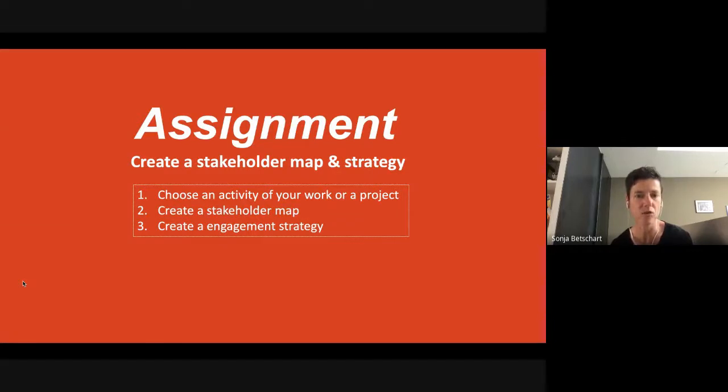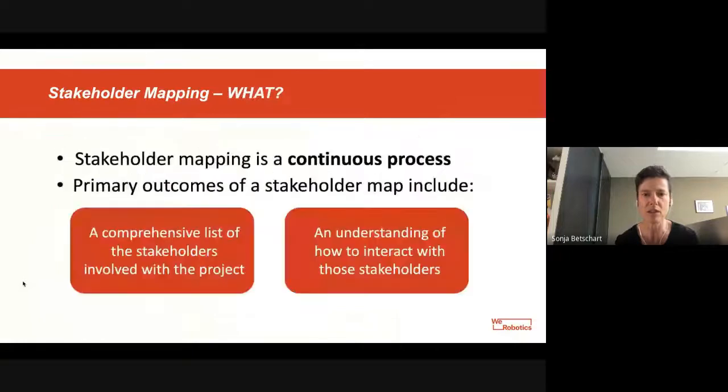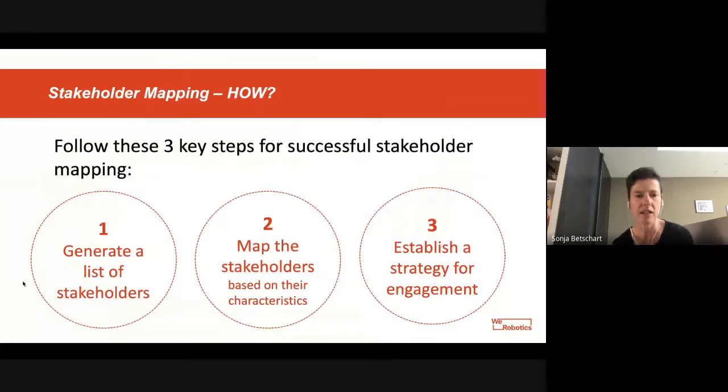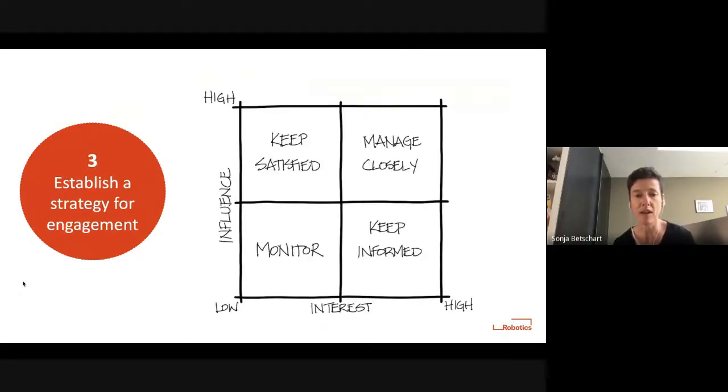Choose an activity of your work or a project, and then start creating a stakeholder map and the engagement strategy. So coming back to the 3 points you've seen before: create a list of the stakeholders, create a map based on their characteristics, and the map can be in this format, and then create that strategy for engagement.